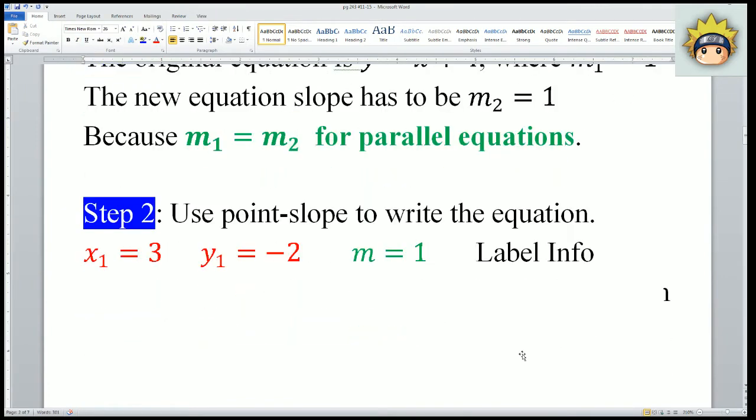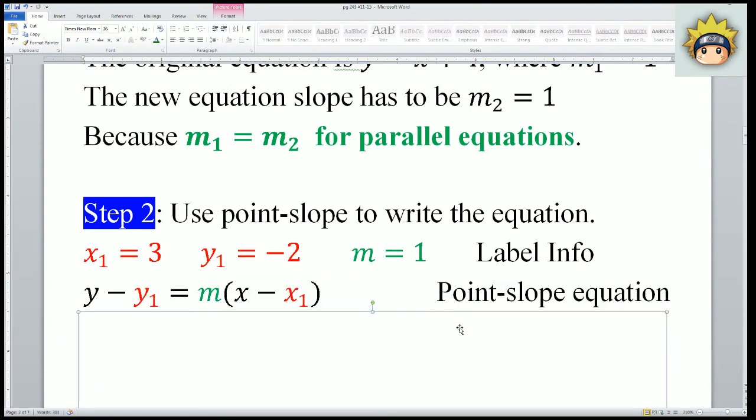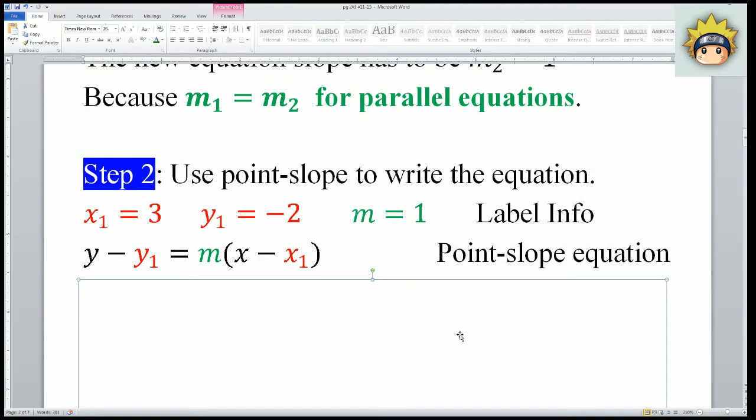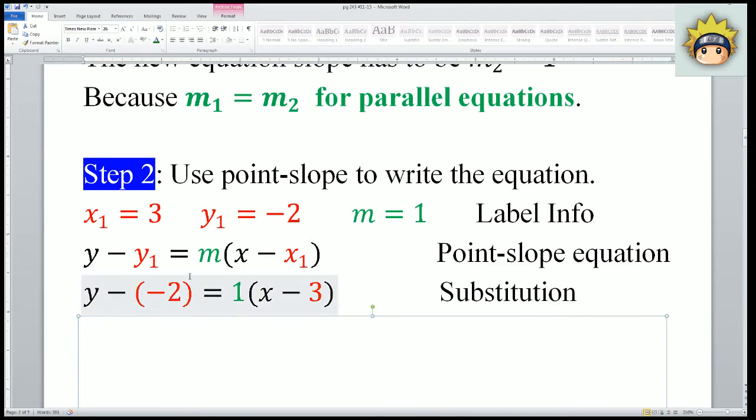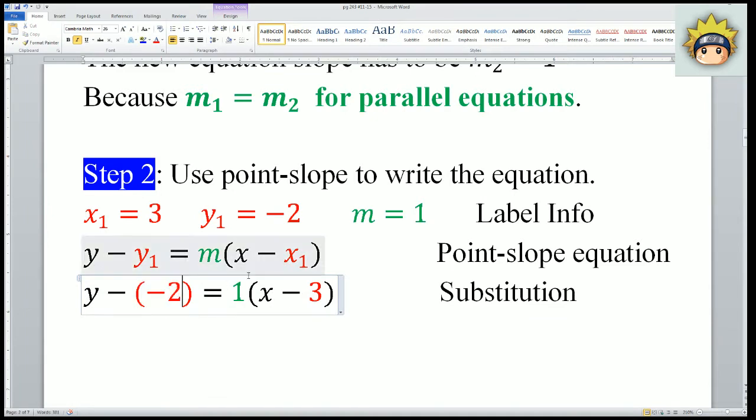My first step is always to label the information. Once I label my information, I write my equation, which is point slope: y minus y1 equals m times the quantity x minus x1. Make that substitution. Do you see the negative 2 go in here for y1? The m becomes 1 and the x1 becomes 3.